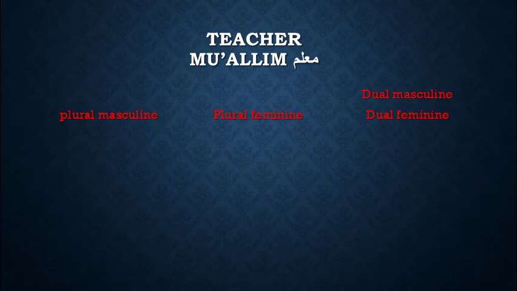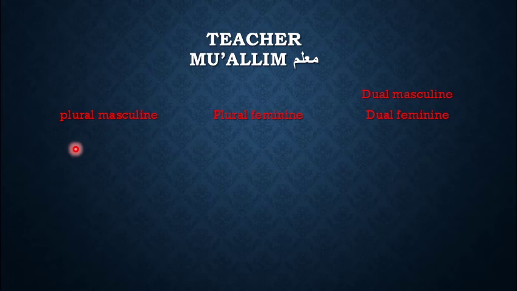The word teacher in English, and the Arabic word muallim. In plural masculine, you give me the plural masculine form of the word teacher and the word muallim. How would it be?